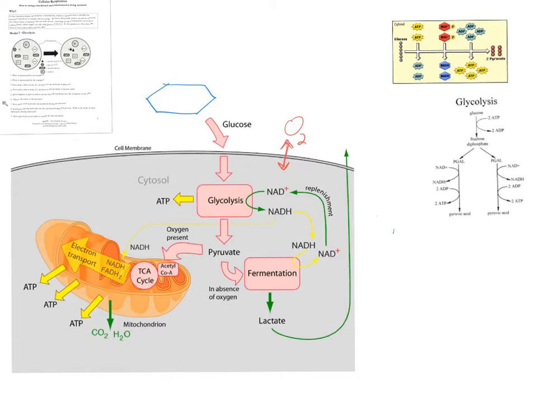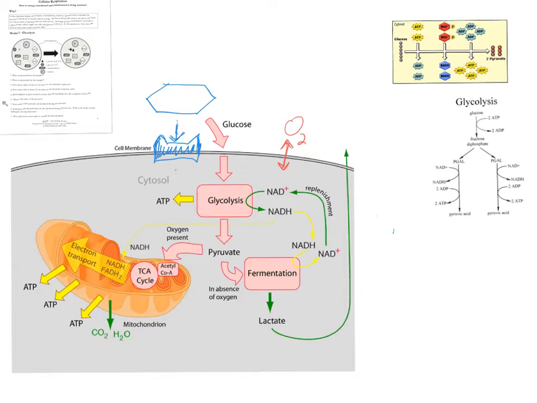You have this receptor that fits, and it's obviously not to scale, but it fits the glucose molecule, and then it would just take in the glucose and place the glucose inside the cell.